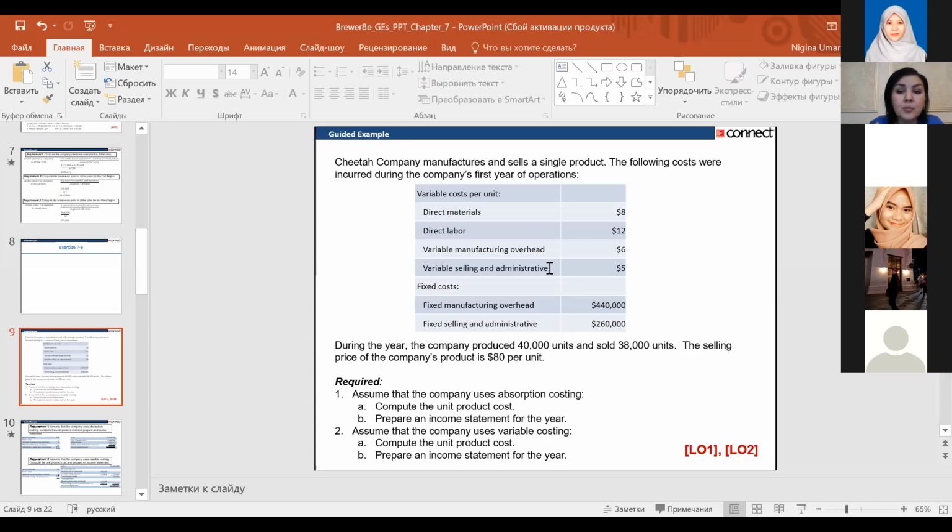And then contribution margin minus total fixed manufacturing and fixed selling and administrative, and then we get net profit. I will show the solution, but tell me which profit will be higher, on the absorption or on the variable costing?